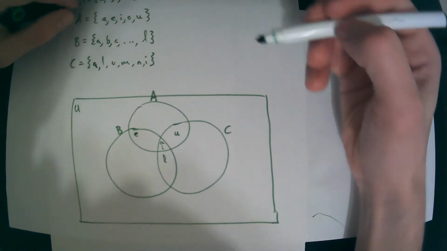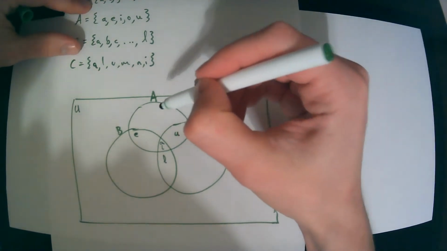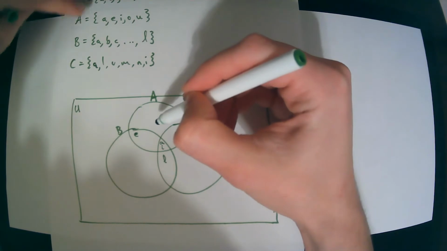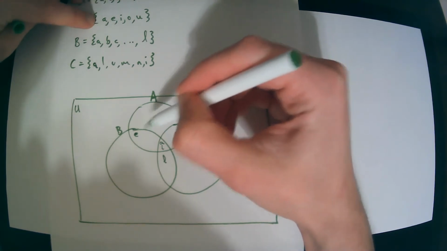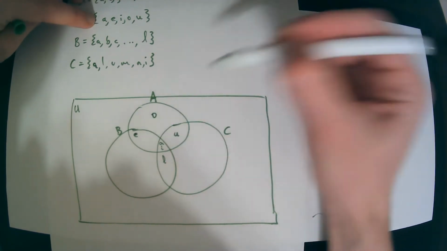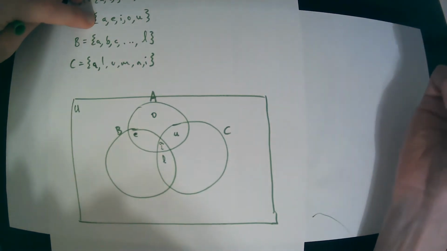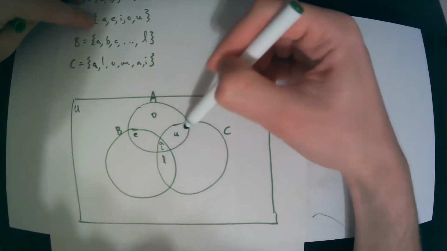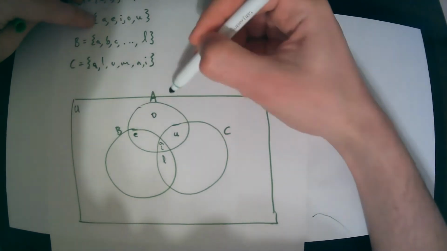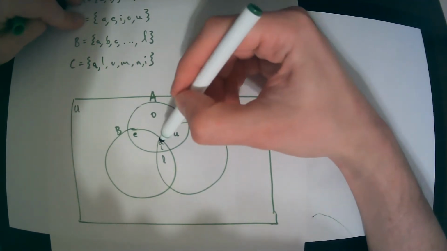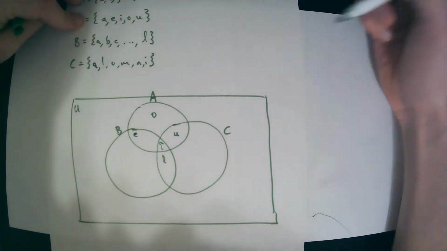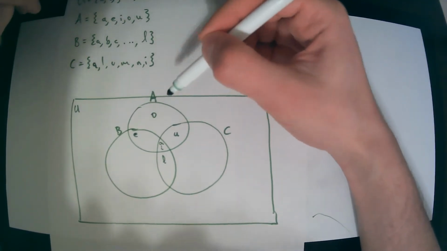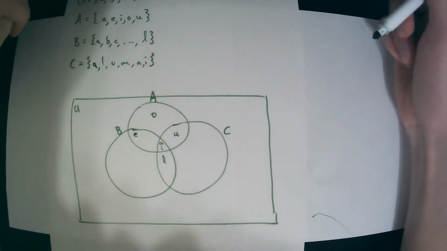Now, what I do is I write the remaining letters that are in A out here. So let's see. A was all the vowels. So A, E, I, O, and U. So now all of those letters are in the set A. These are organized in different positions. So in A, all the vowels, I have A, E, I, O, U. And O is the only letter that is strictly in A and not in any other set.